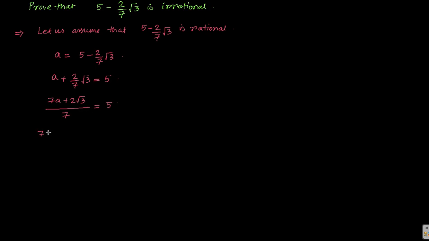Now 7a plus 2 root 3 is equal to 35. Now make this part in the left hand side, so 2 root 3 is equal to 35 minus 7a.